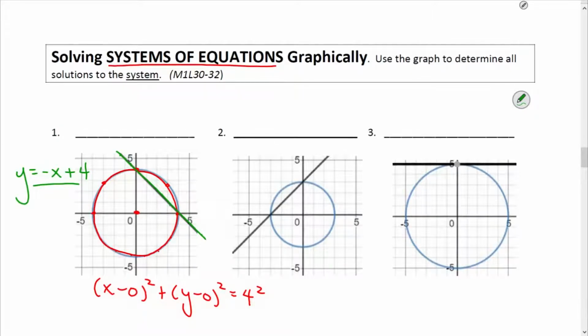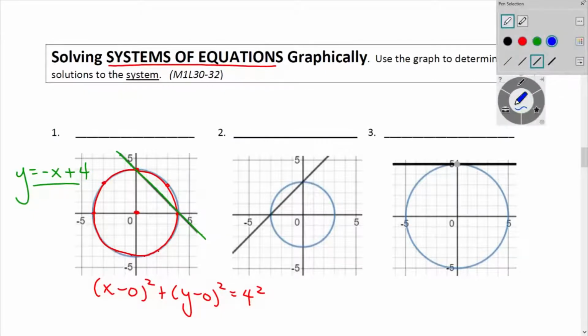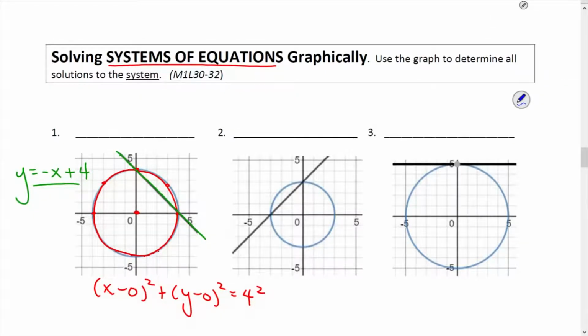Well, they're true at the same time when there's a point that is on both of the graphs. So this point right here is a point that's true in both equations, and that point is the point 0, 4. To show that to you, it looks like this.